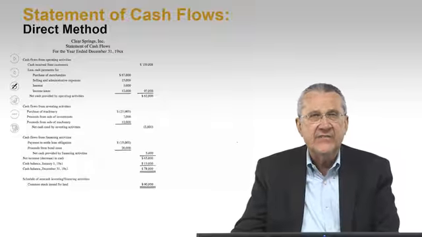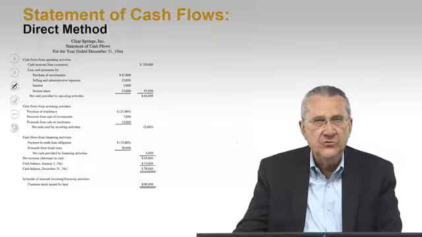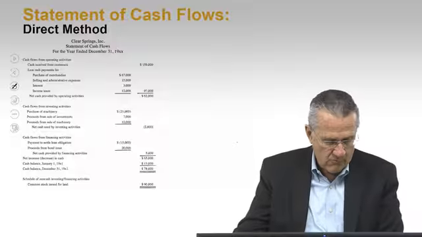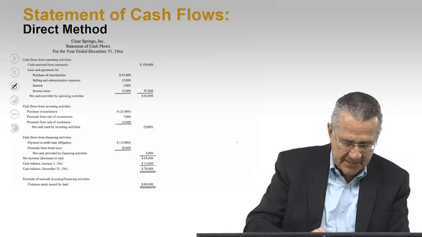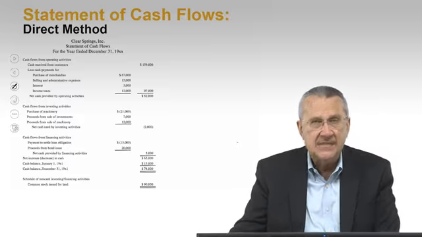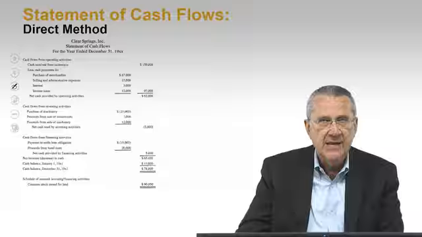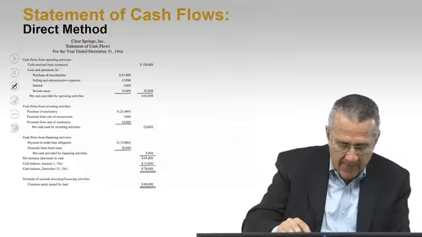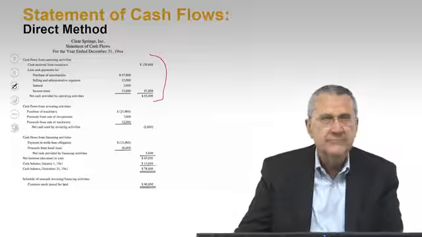This is what the statement of cash flows looks like if you use the direct method. Now, we don't need to look at investing activities, we don't need to look at financing activities in this instance, because we're just talking about this section here, okay?